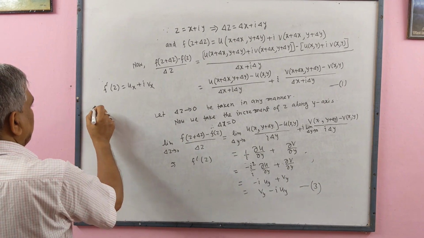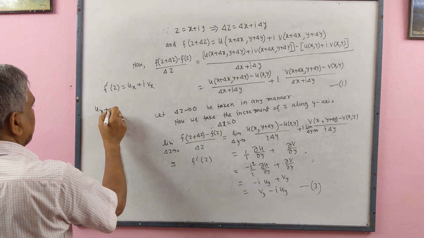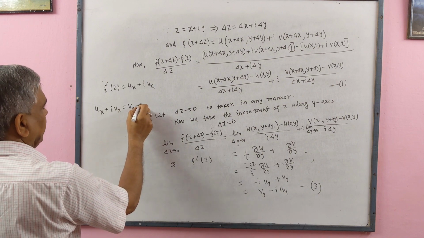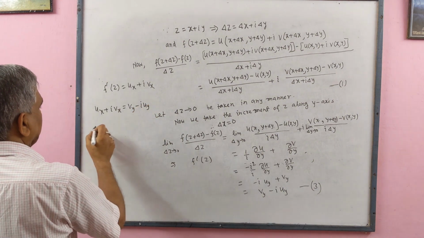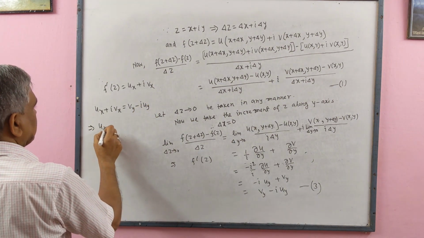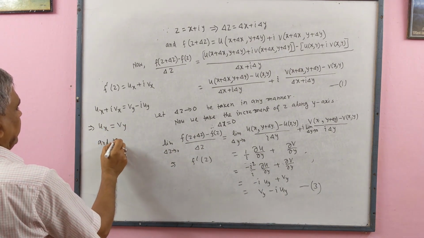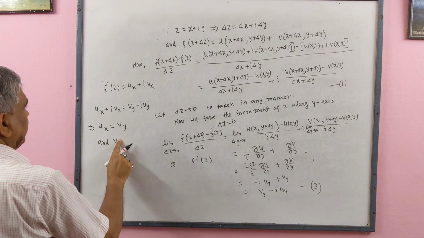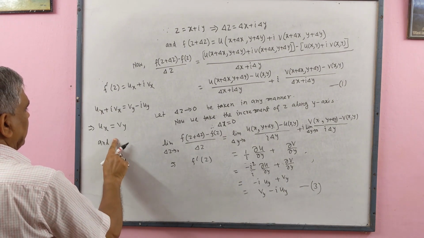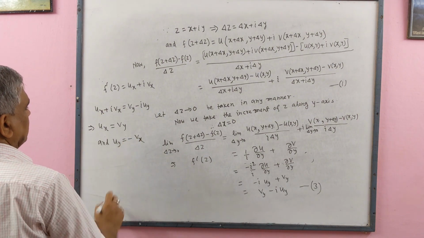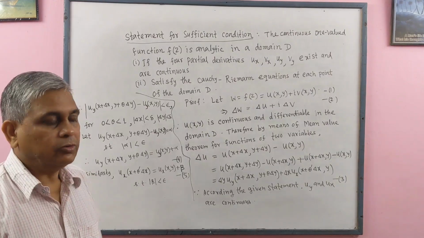Therefore ux plus i vx equal to vy minus i uy implies that ux equal to vy and vx equal to minus uy. Proved.